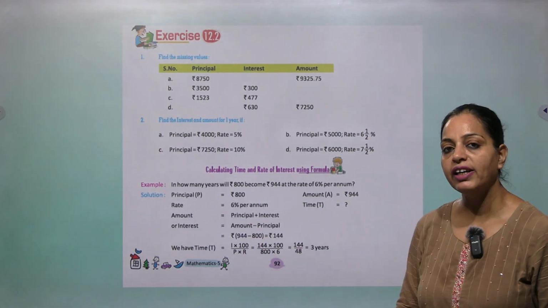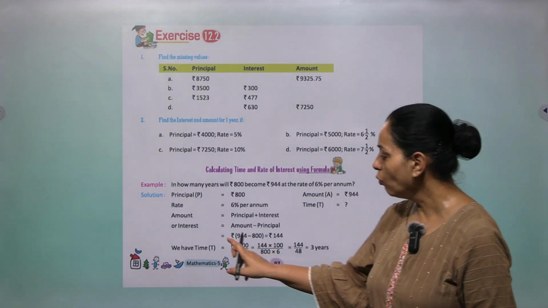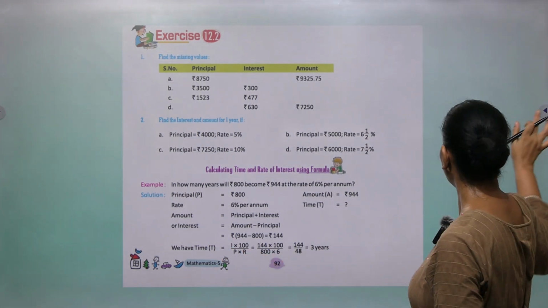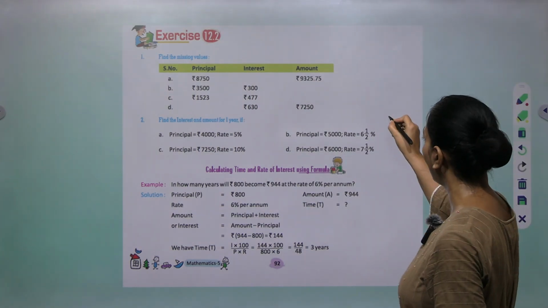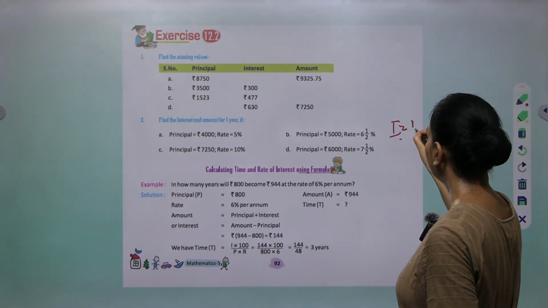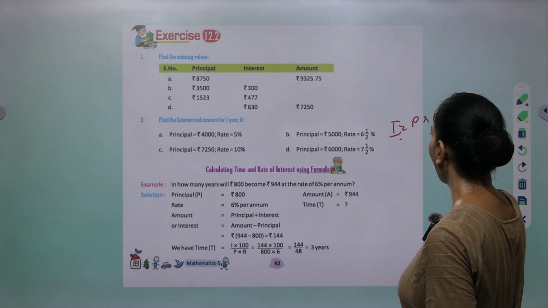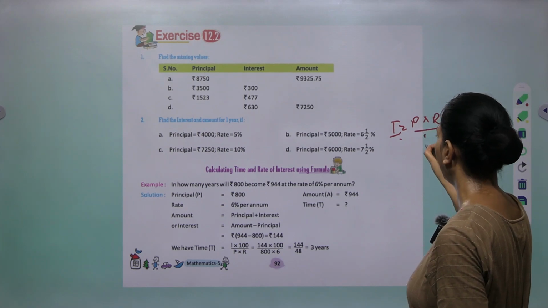You have to find the time. So now we know very well, as I told you, the formula: simple interest equals P into R into T by 100.